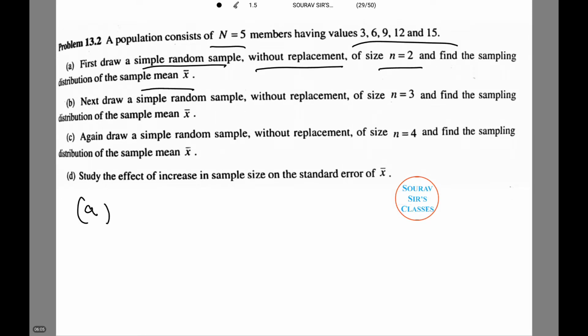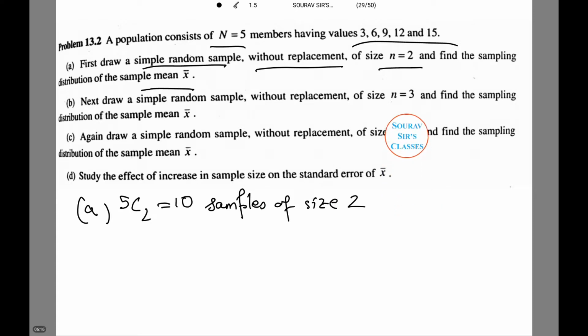For the first one, there will be 5C2, which is equal to 10 samples of size 2 under SRS WOR, that is simple random sampling without replacement. We list the possible samples and find the x bar values in order to obtain the sampling distribution of x bar.